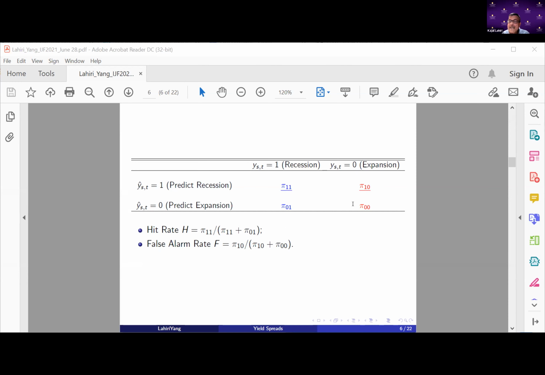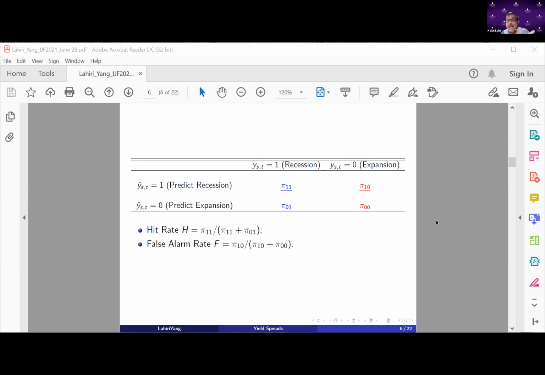Now, what happens is that when you have a continuous predictor, say the yield curve, or a probability forecast, you need a threshold to convert a continuous probability forecast into a binary forecast, right? Say 0.5 or 0.4, 0.9, and so on. Now we know that there is no holiness to 0.5. It can be anything, depending on the relative cost of misclassification.